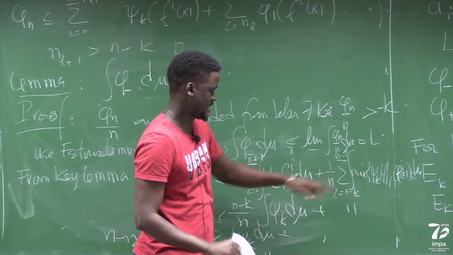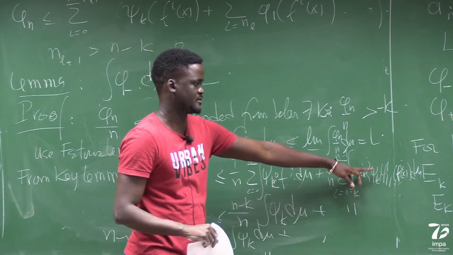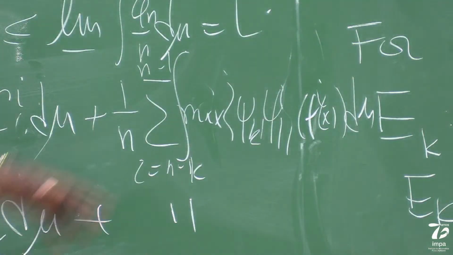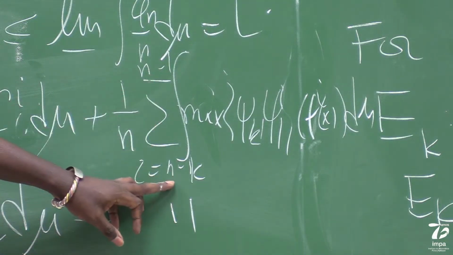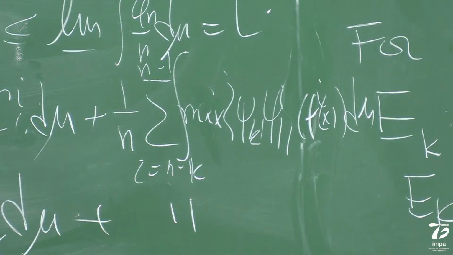This is k over n times the same thing. Again, this uses invariance, but not crucially, because the number of terms is small with respect to n. The number of terms is like k over n, so it goes to 0.